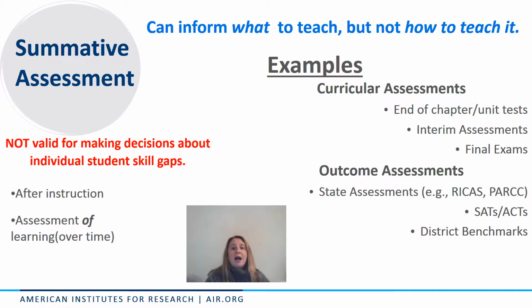And then there are outcome assessments, the other type of summative assessment, that measures a student's learning over the course of the year compared to end-of-year benchmarks or standards.